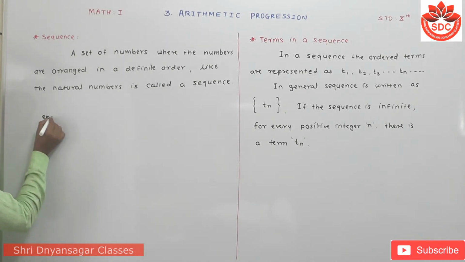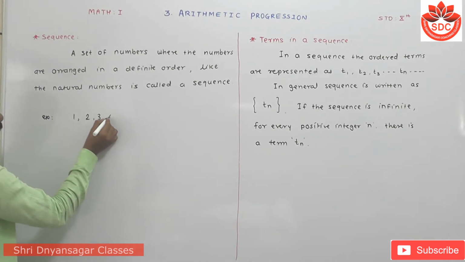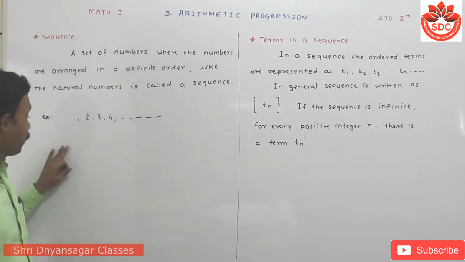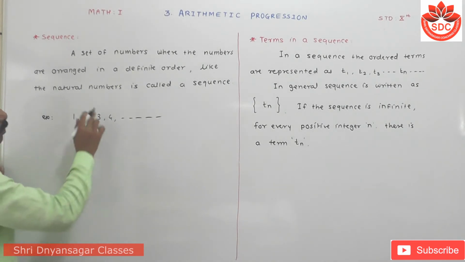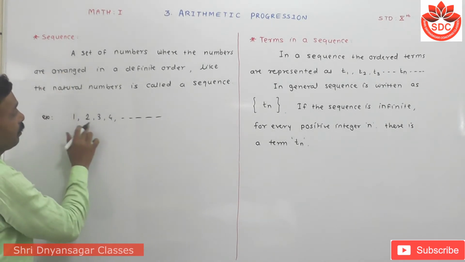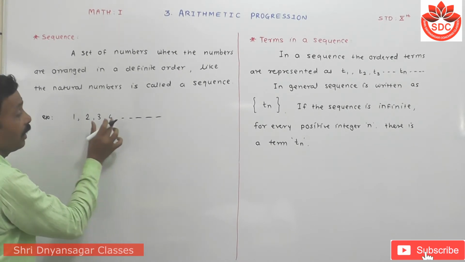For example, if you take the natural numbers 1, 2, 3, 4, 5, etc., this is an example of a sequence, because these natural numbers have a definite order and a definite rule.